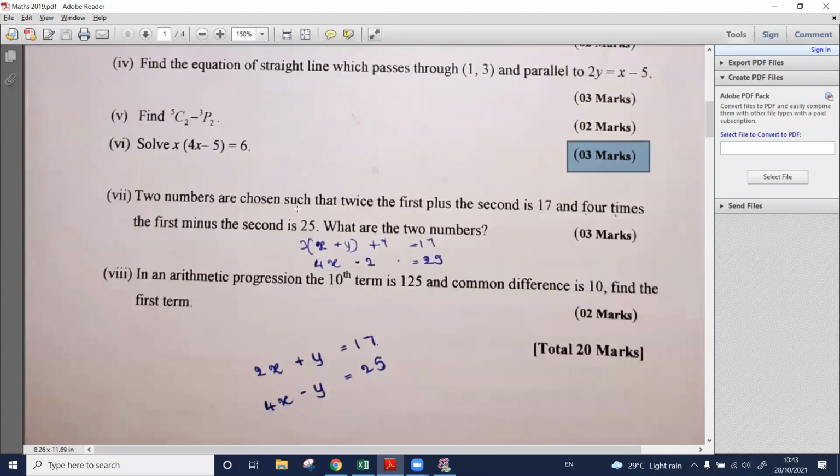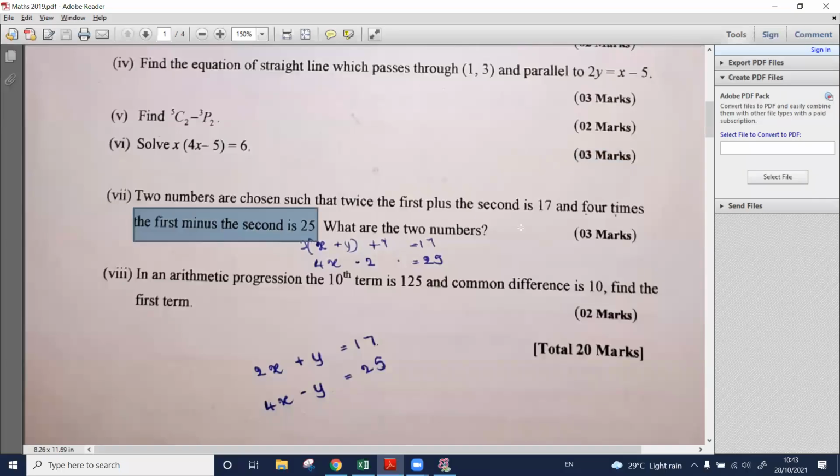Two numbers are chosen such that twice the first plus the second is 70, and 4 times the first minus the second is 25.